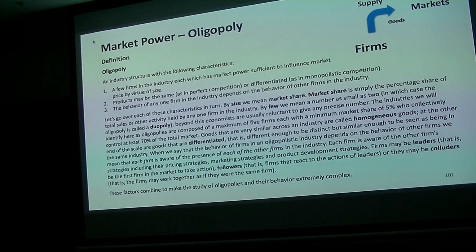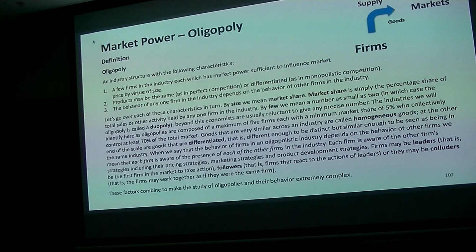In Italian it's due, which means 2. It comes from Latin and Greek, but it means there are 2 firms. But typically, beyond that, we're usually reluctant to say exactly what we mean when we talk about an oligopoly.